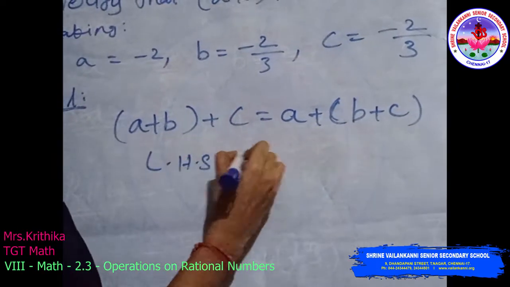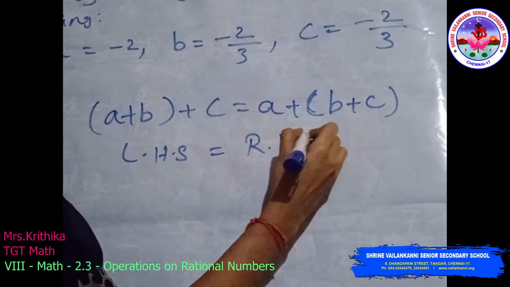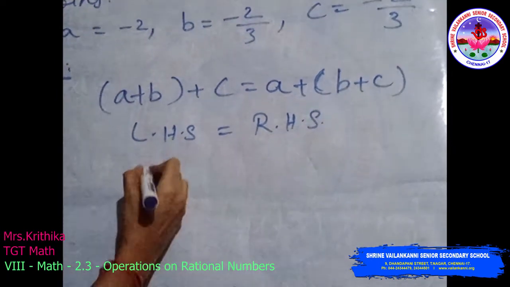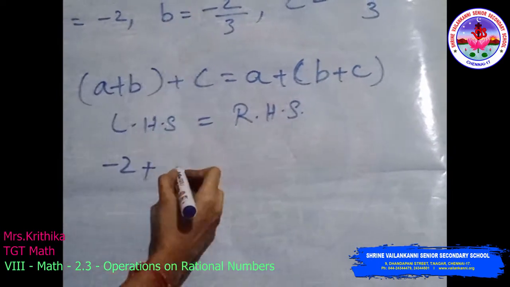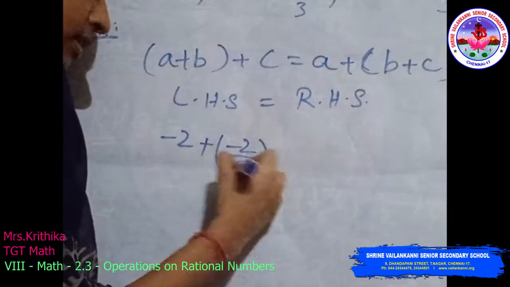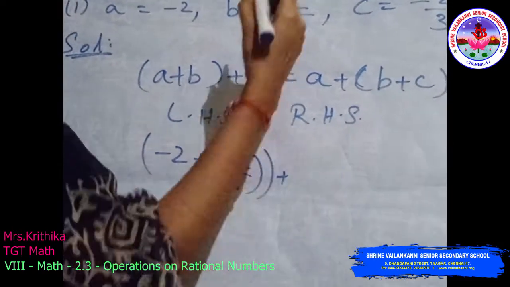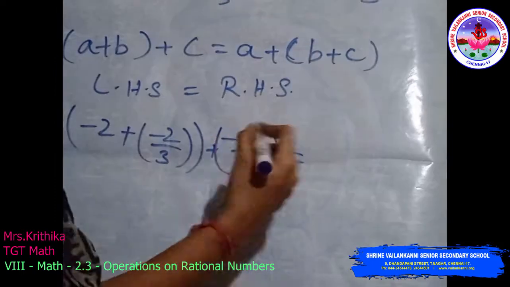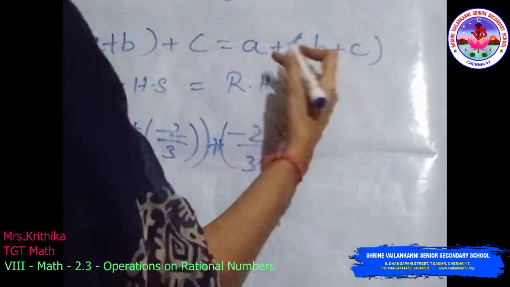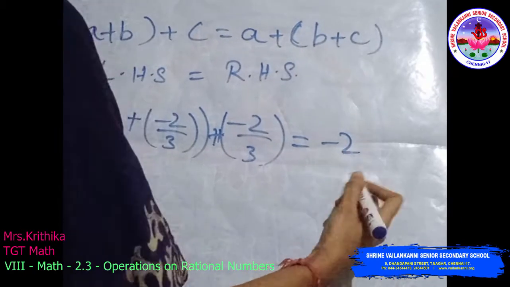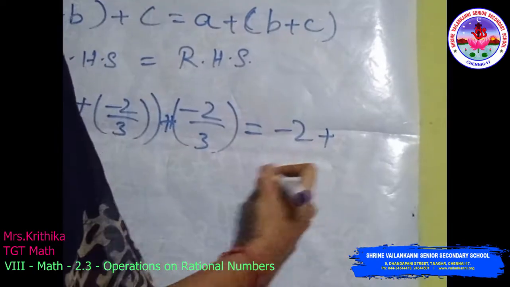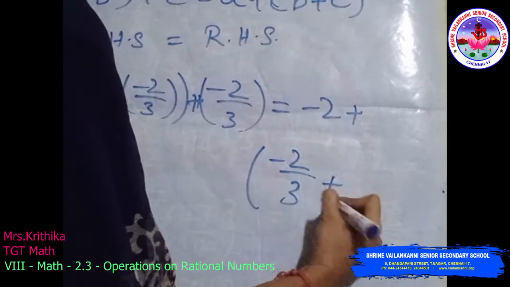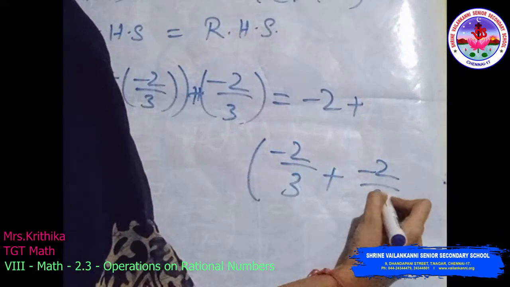LHS is equal to RHS. Substitute the values. A is equal to -2 plus b is equal to -2/3 plus c value is -2/3 is equal to, here -2 plus of b value is -2/3 plus c value is -2/3.